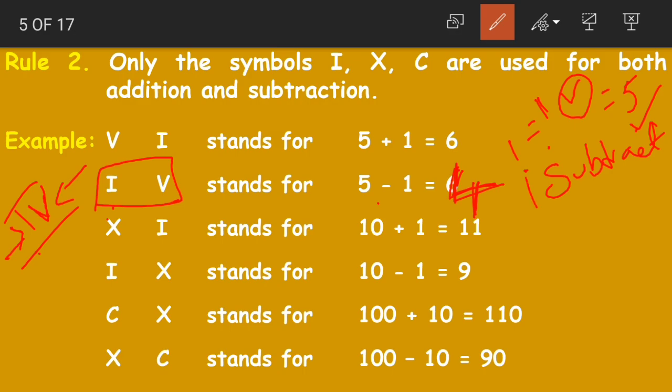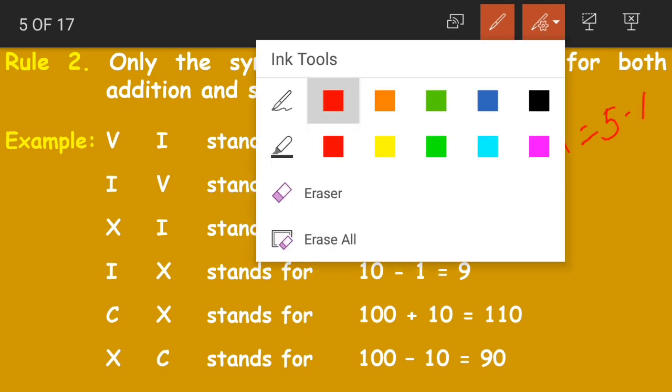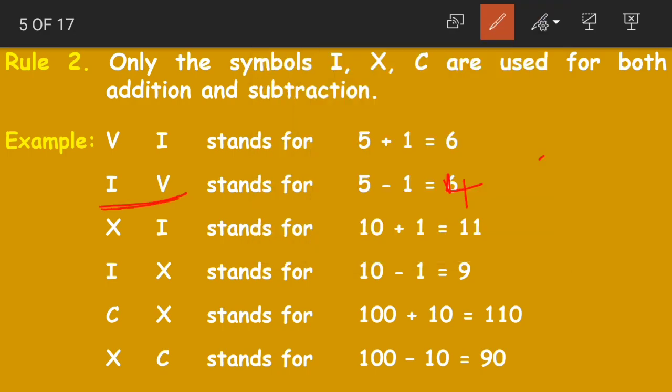In those cases, we subtract the symbol on the left from the symbol on the right, as we did here. Now I is the smaller number, so V minus I, which is 5 minus 1, is equal to 4. Clear, children? Always take this IV, that is 4, as an example whenever you get confused.